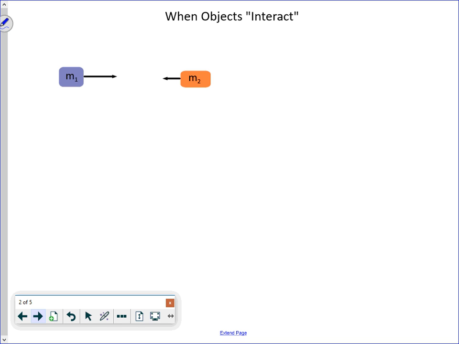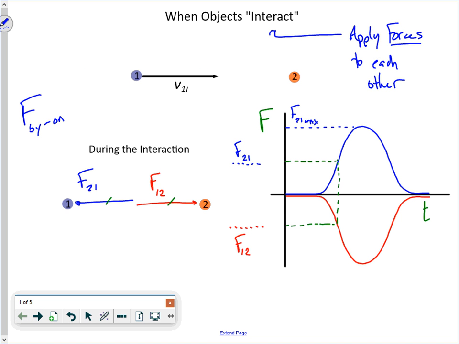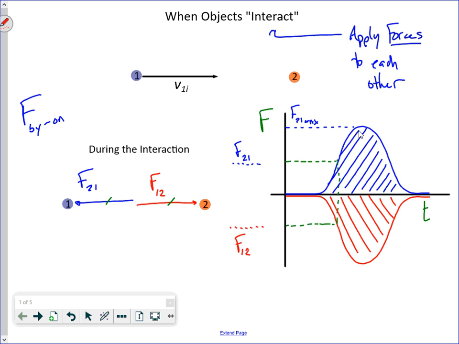At any instant, the force that one exerts on the other is equal and opposite to the other force that the other exerts on the first. And these times are the same. And you might notice that overall, if we took the whole area of this shape and the whole area of this shape, they're the same.